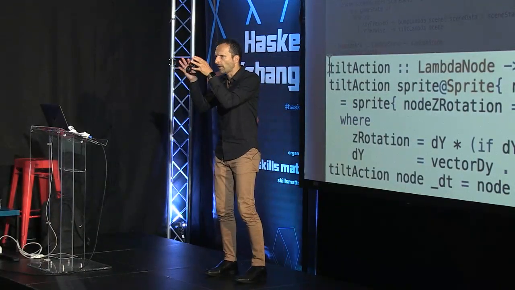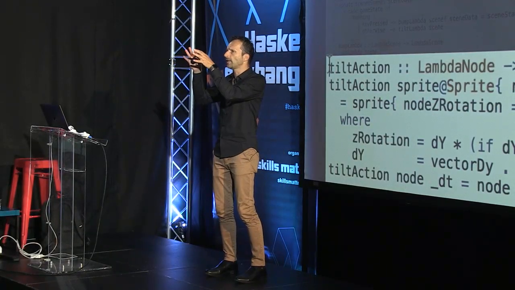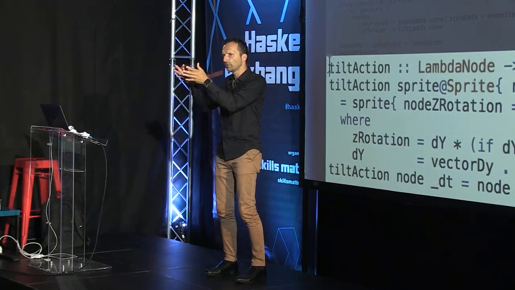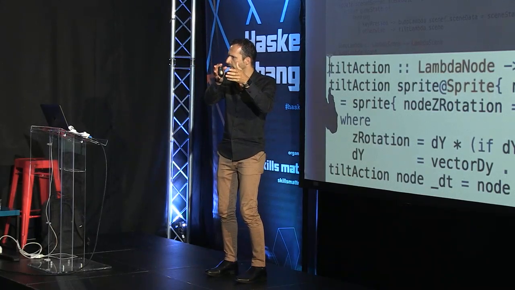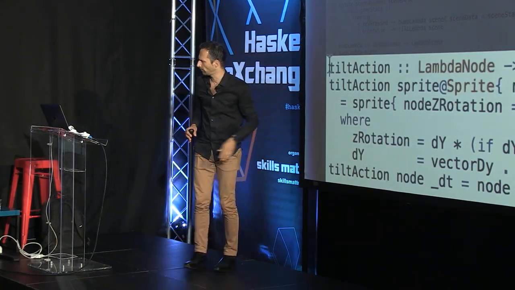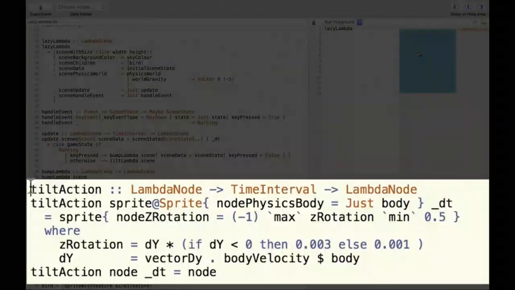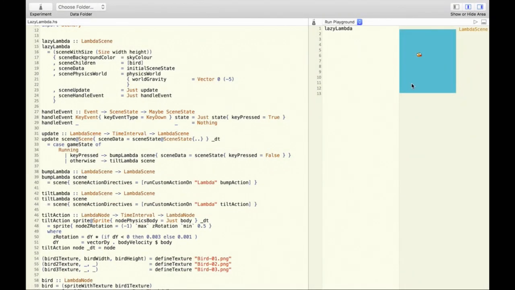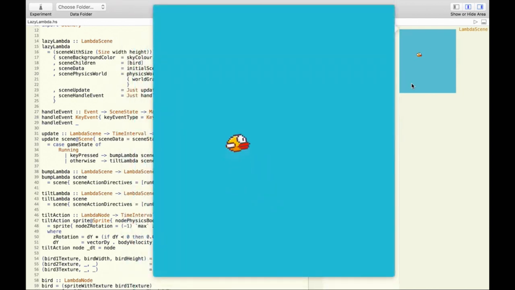So it's going to give us a new version of that node representing the sprite with the rotation changed. Pure function, and very straightforward, exactly what we want to express here. So with that, now when we press space, we can help the bird not fall off the screen.